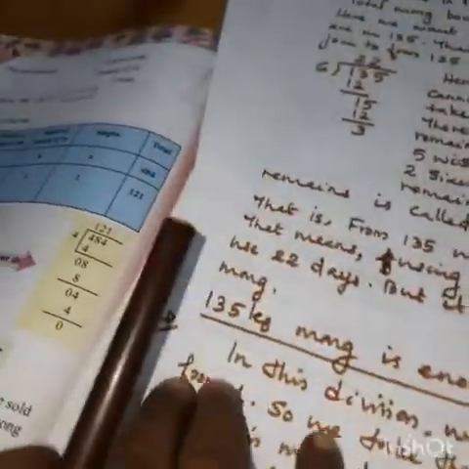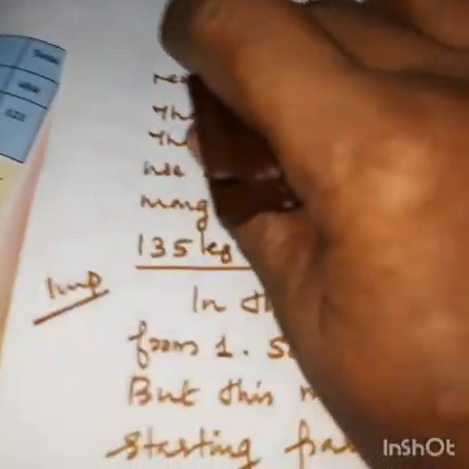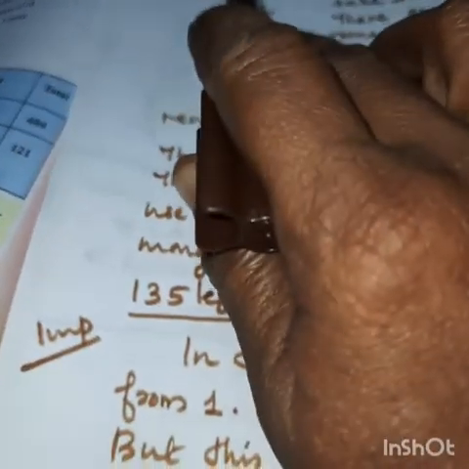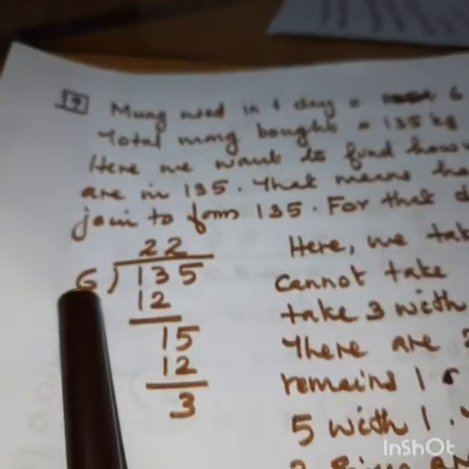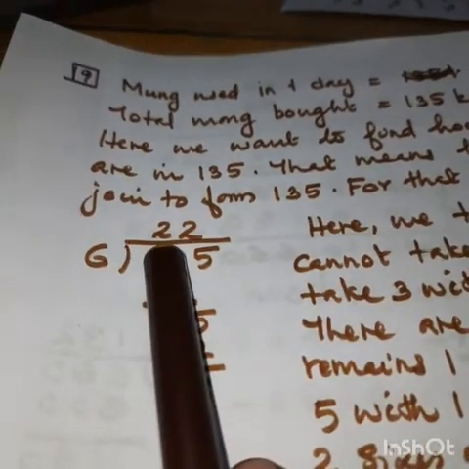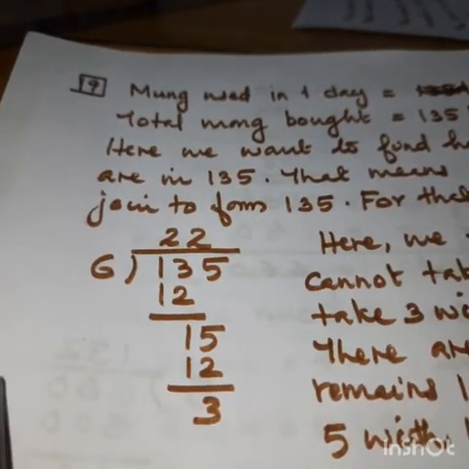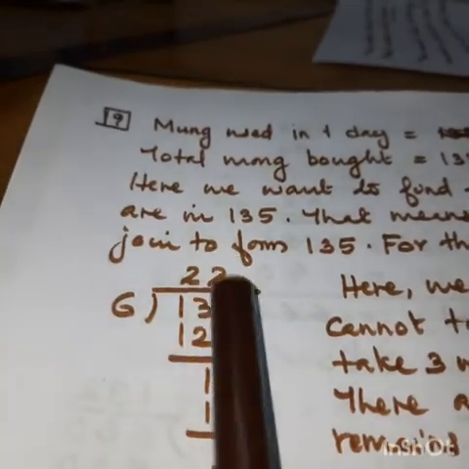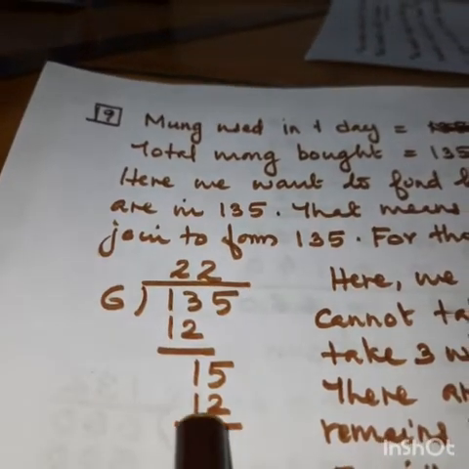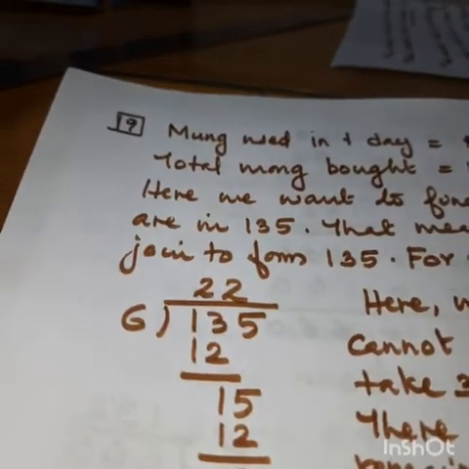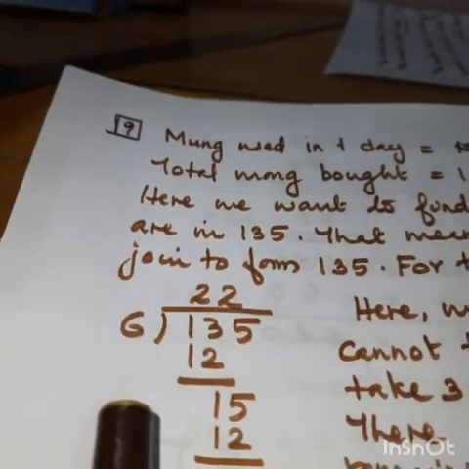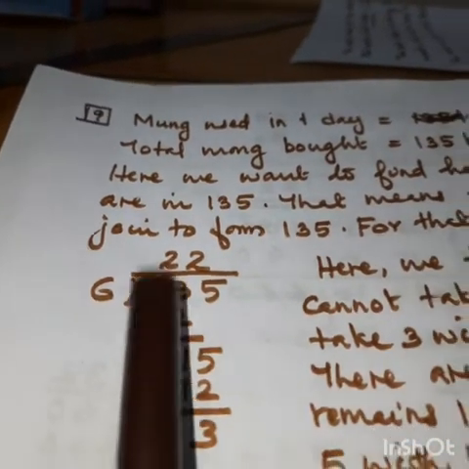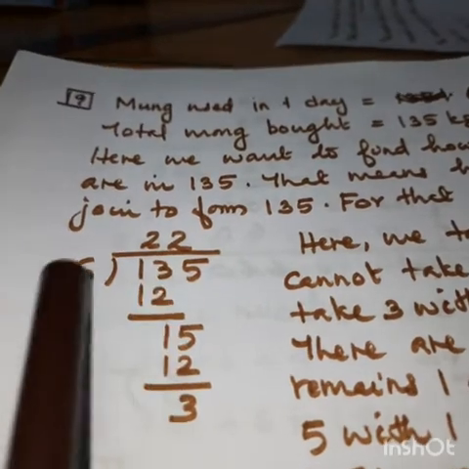Here, in this division, we cannot take 6 from 1. I have 1 sweet in my hand. Then how will you divide it among 6 people? That is not possible. That means from 1 we cannot take 6.